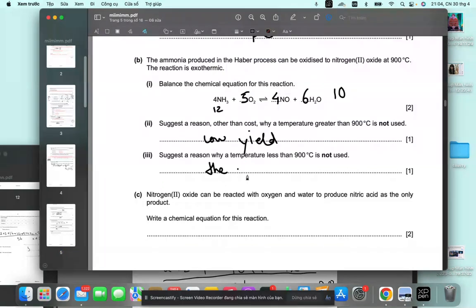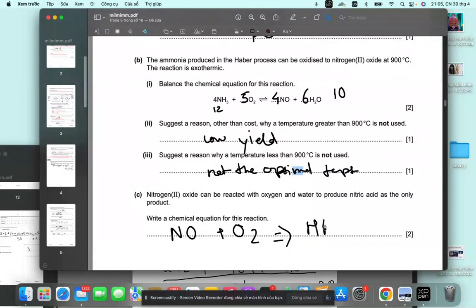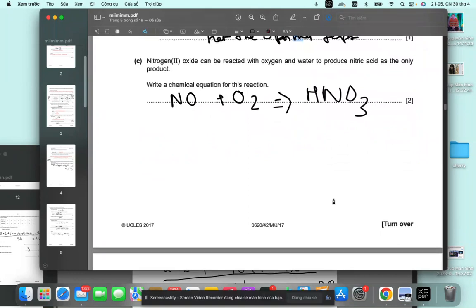Oh, oops. It's not the optimal temperature. Not the optimal temperature for it to happen. Too low would not make anything. Nitrogen oxide and nitric acid as the only product. This is our equation.